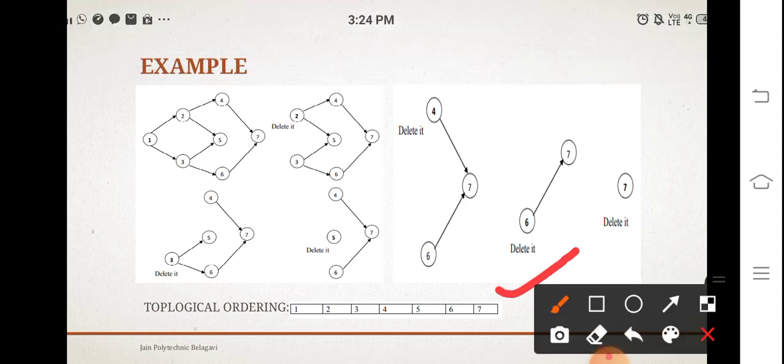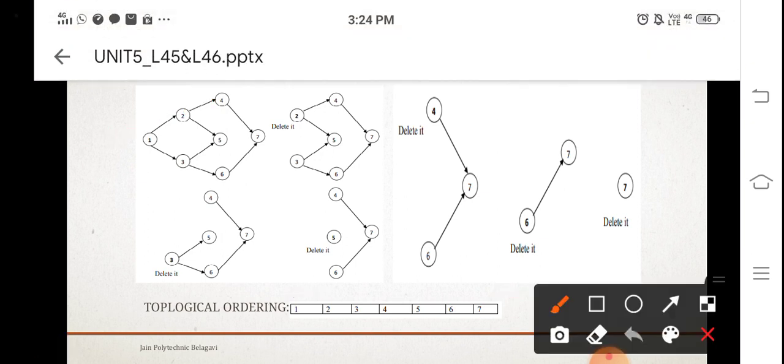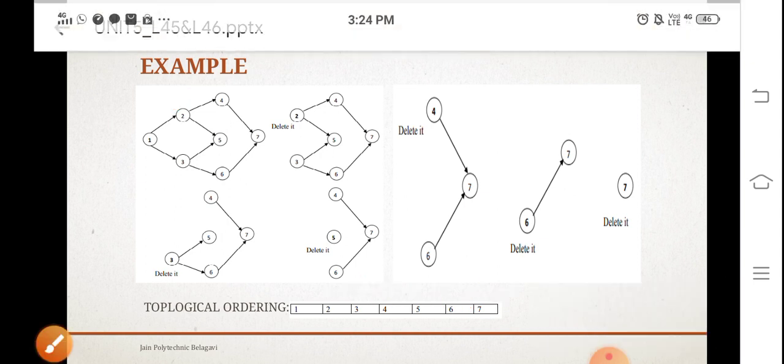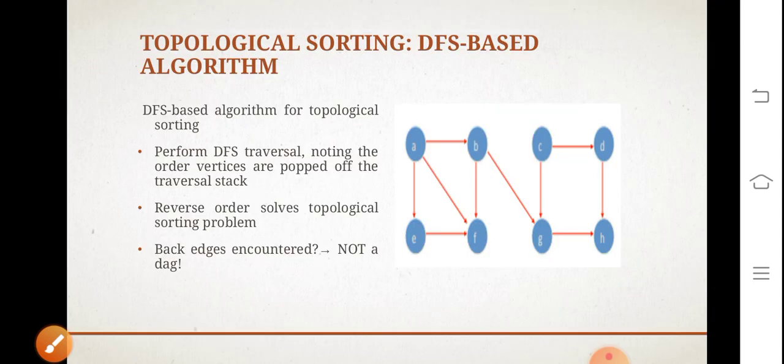In the very first step we delete this first one and note it. Then in the second step we delete this one, so we note that. Then 3, 4, 5, 6, 7, and finally we get this topological ordering. So this is an example of topological sorting.